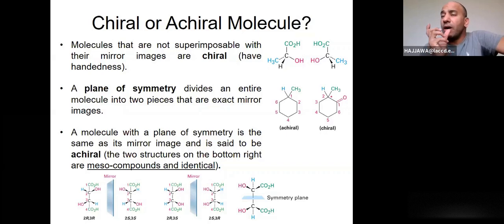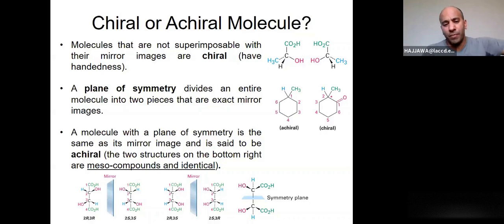Achiral is always connected to 2 types of structures. One type that has no chiral centers, as we've seen earlier, and another type of compound that has a plane of symmetry, even though it does have chiral centers.